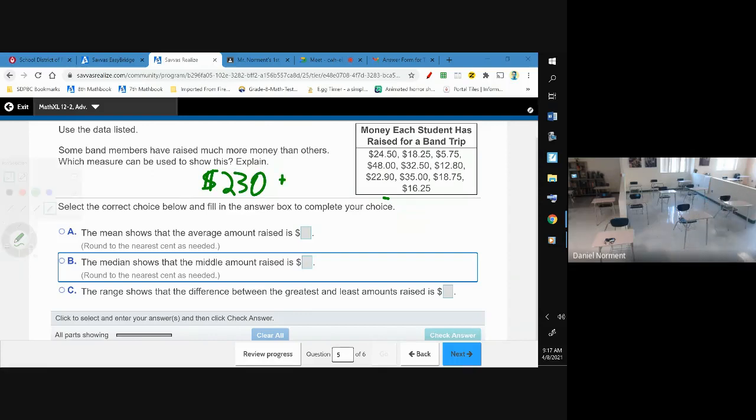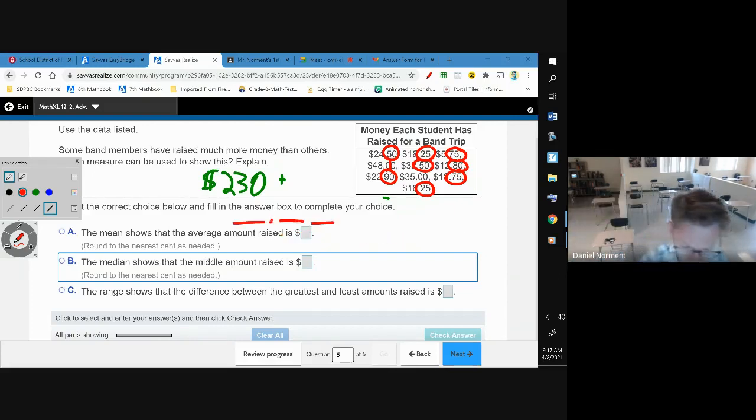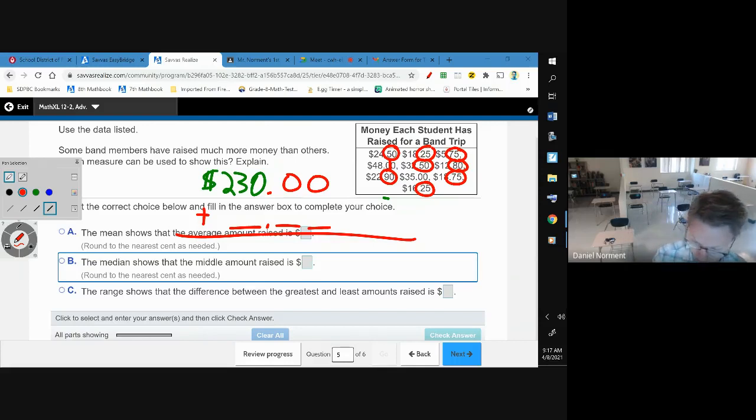What I want you to do is add up all of the cents. You're going to add up these, okay? And that's going to be something, point, something, something. And then you're going to take that number, line up the decimals, and add those two, and that's going to be the total amount.